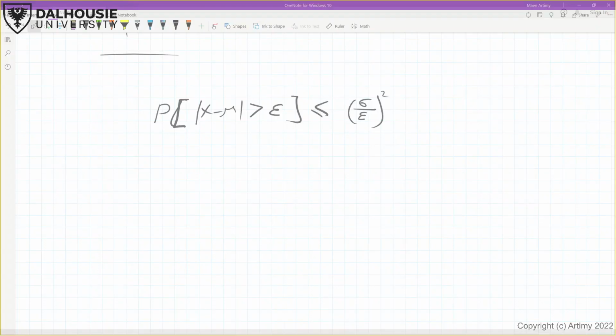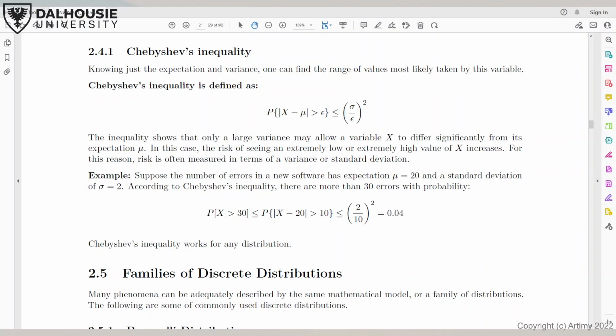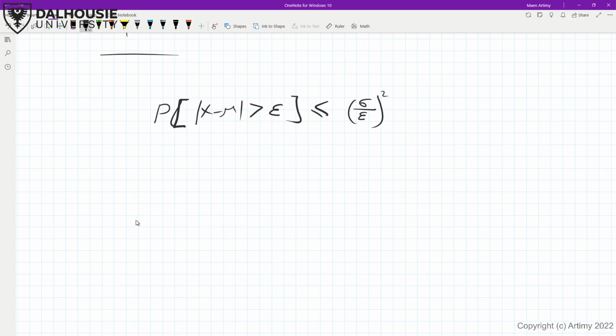And by the way, when you see the magnitude, it means that we are calculating, if this is the probability distribution and this is mu, the probabilities of values exceeding these two limits, right?